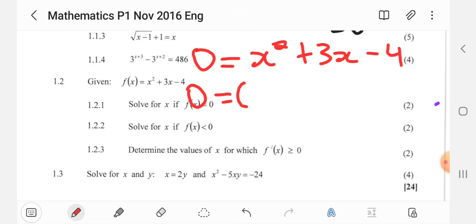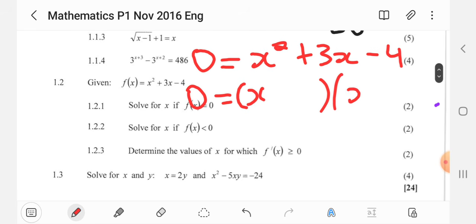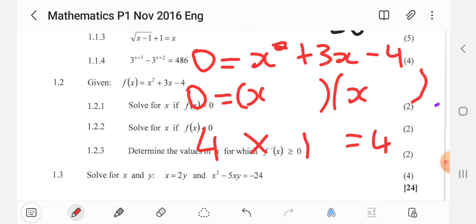It's not worth it. So you still have 2 brackets because of this. 2 brackets have to be there. And then what are the multiples of 4? It's 4 times 1. They will still give you 4, right? So we will have 4 and 1.